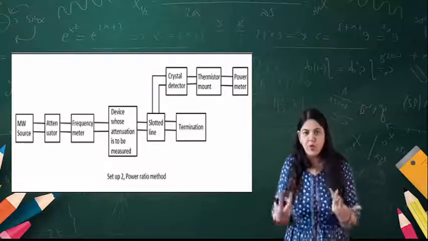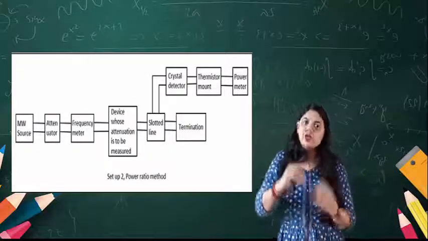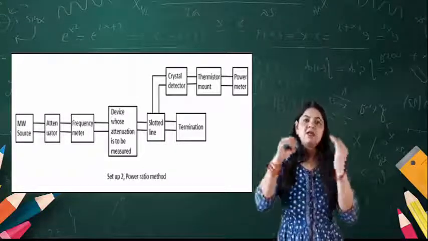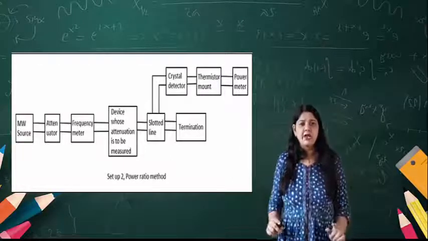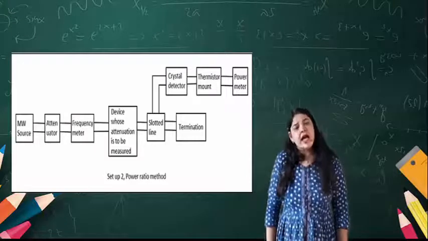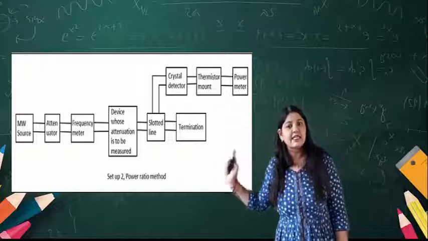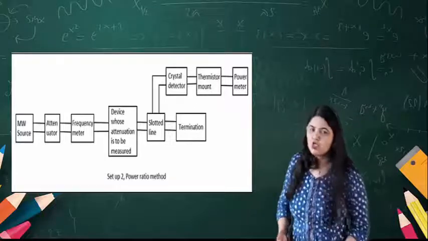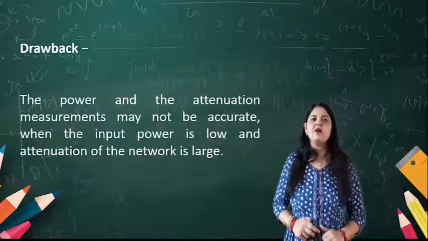So you have two values: before connecting the DUT you have a certain power level, and after connecting the device under test you have a certain output value. So we can take the ratio of these two setup values and get an idea about the attenuation. While the device is connected, it provides some amount of attenuation, so the signal power level also changes. So this is the method.